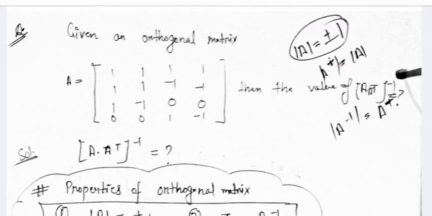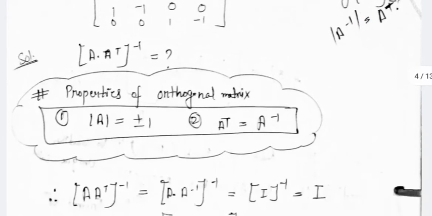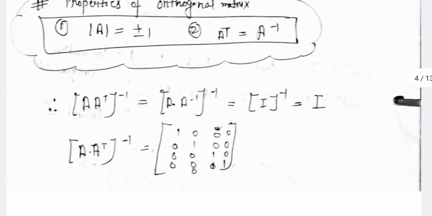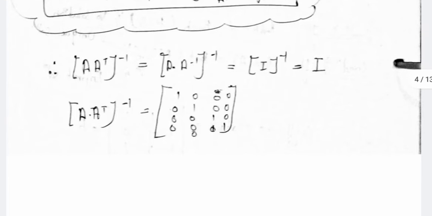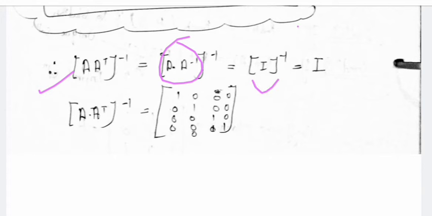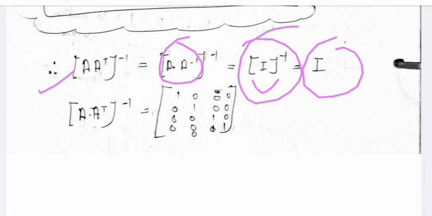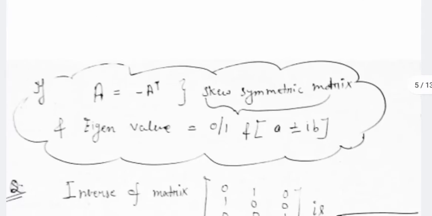Now, using the properties of the orthogonal matrix, we put in the values. Therefore we say that A dot A transpose inverse is equal to A dot A inverse of the whole inverse. Now this is going to be your I, and the inverse of the identity matrix is also the identity matrix. So we say that here A dot A is equal to your identity matrix. Now come to the next.